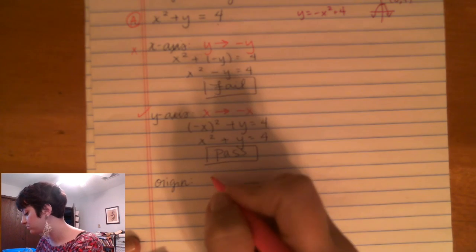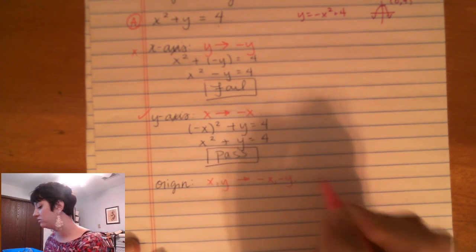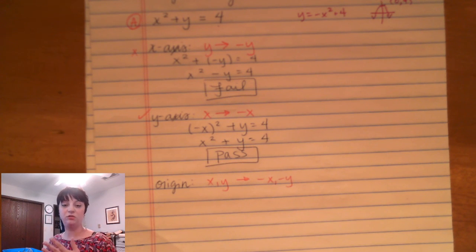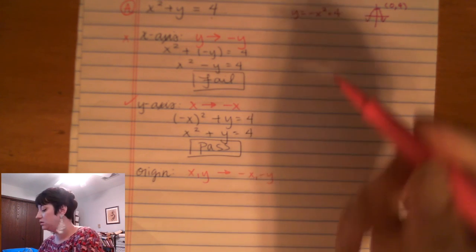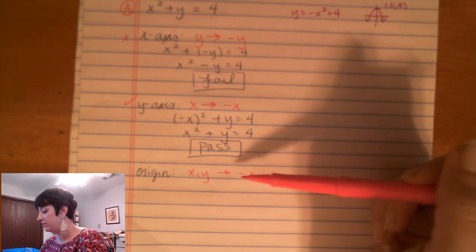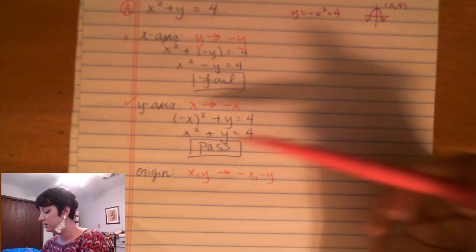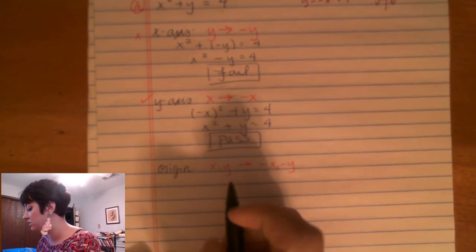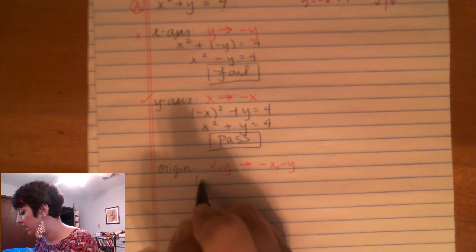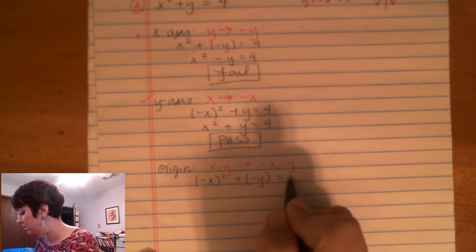Origin, I'm going to replace both. Now, since I've already done x and y-axis, I kind of know what's going to happen with my origin, right? My negative x is going to go away, but my negative y won't. So this origin should fail. And again, based on the picture, that's what we'd want to see. So negative x squared plus negative y equals 4.